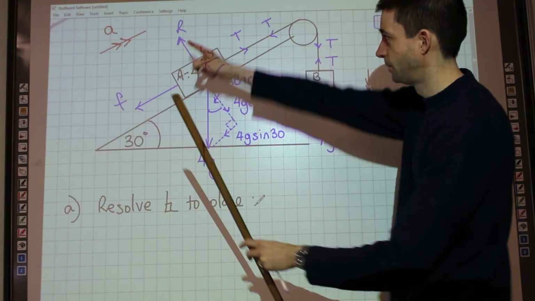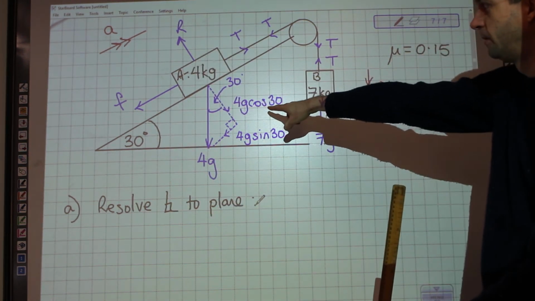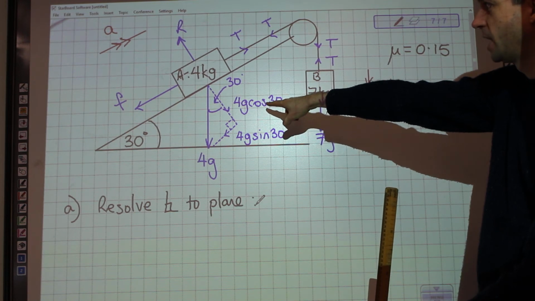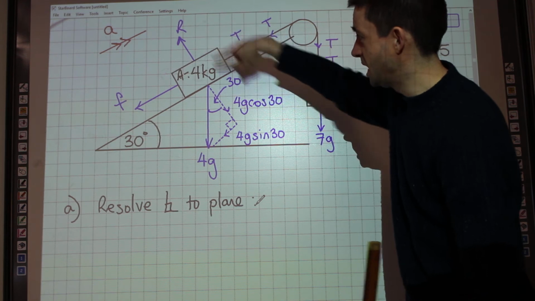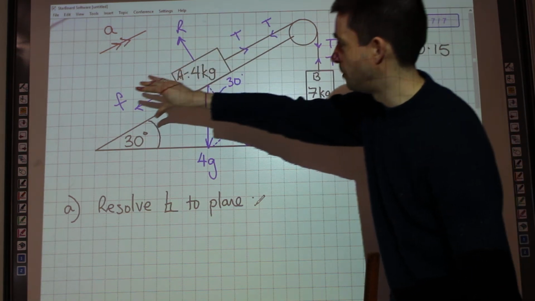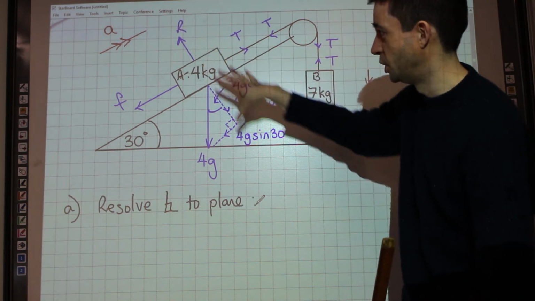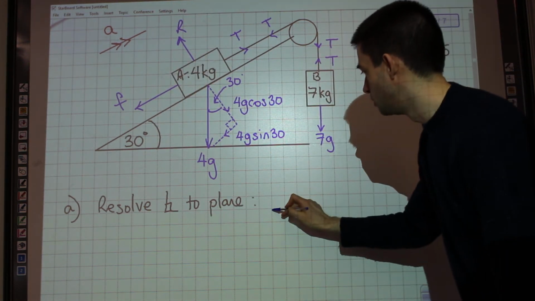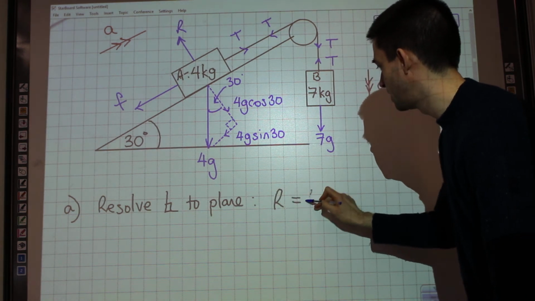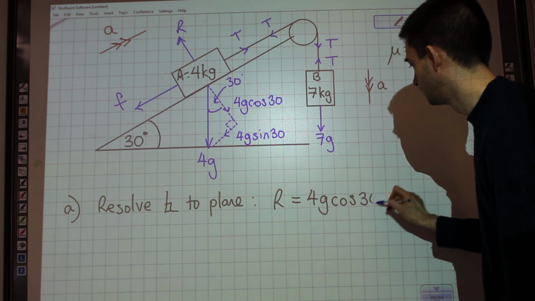I've got R, and I've got the perpendicular component of weight, which is 4g cos 30, and there are no others. Now those two forces must be equal and balanced, and I know that because A is sliding along the plane. It's not being lifted off the plane or pushed into the plane, it's just sliding along it. So therefore, the normal reaction force must equal 4g cos 30.